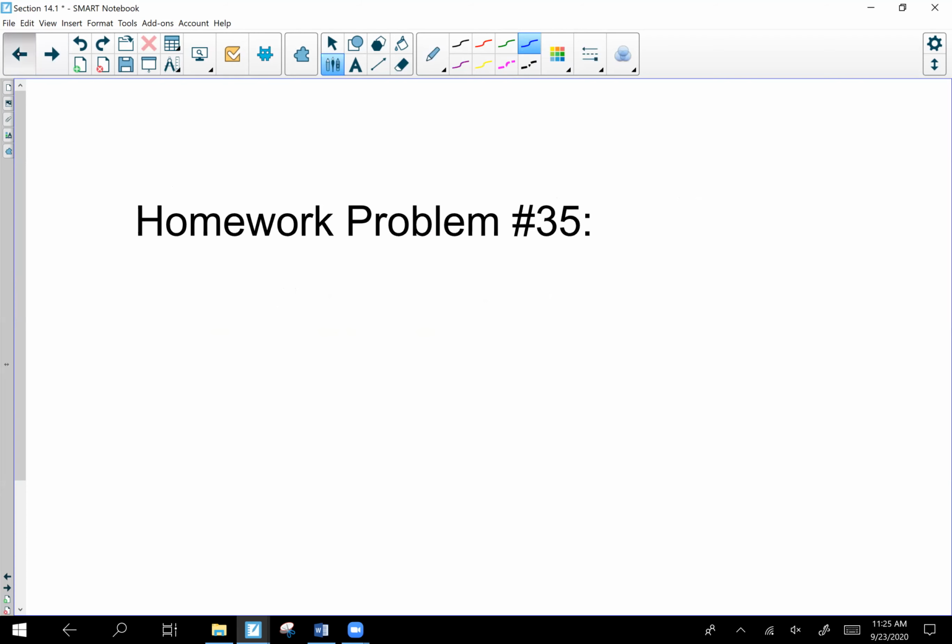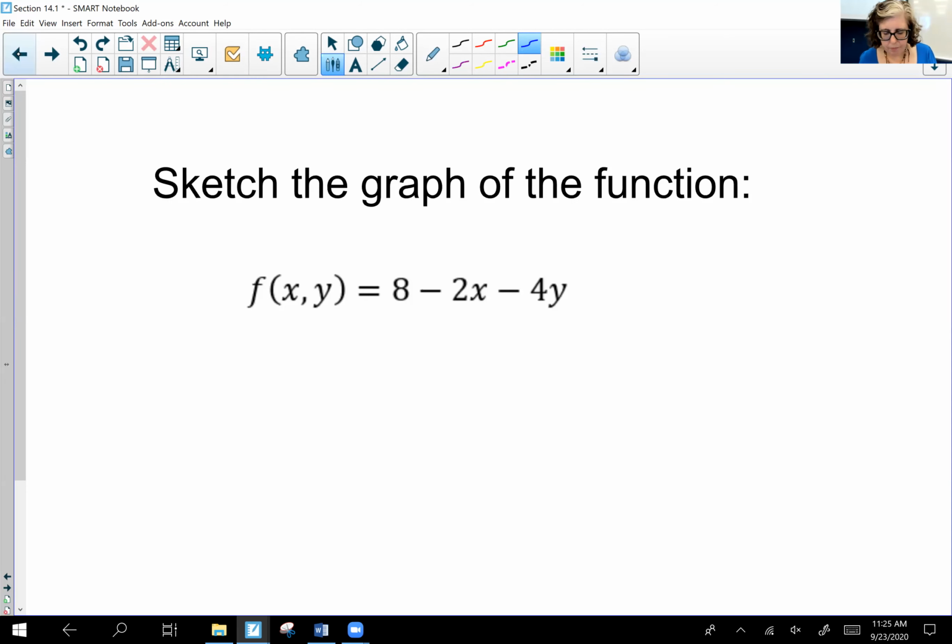All right. Okay, so let's talk about graphing these functions. Now, this one is an f of x, y, so we're really going to look at this and graph this like that. And so what is this going to look like?